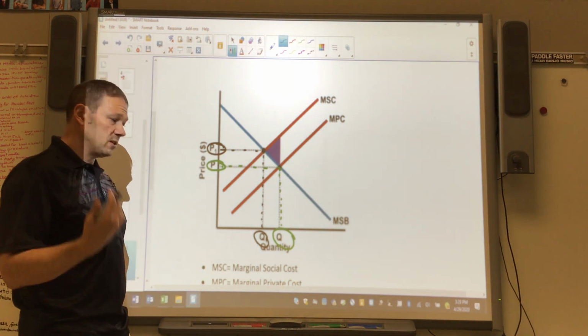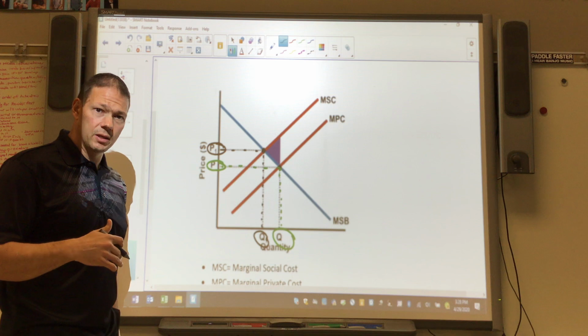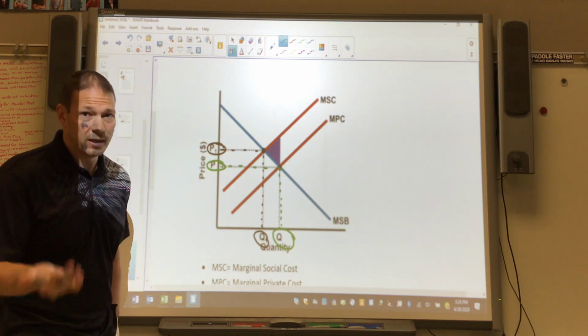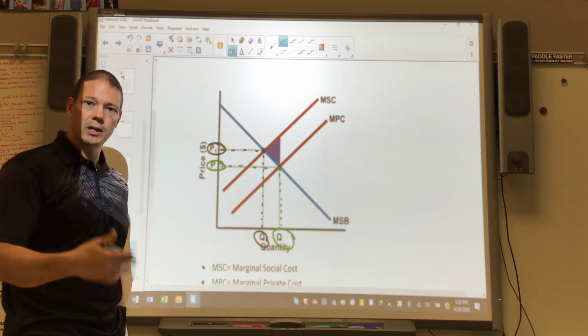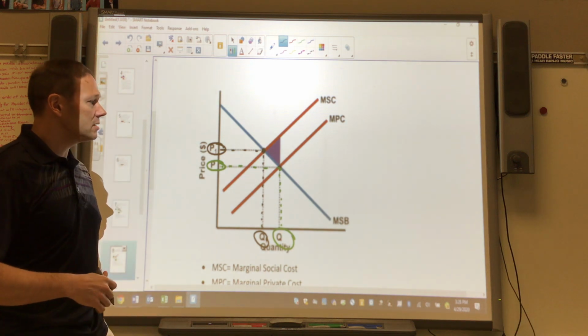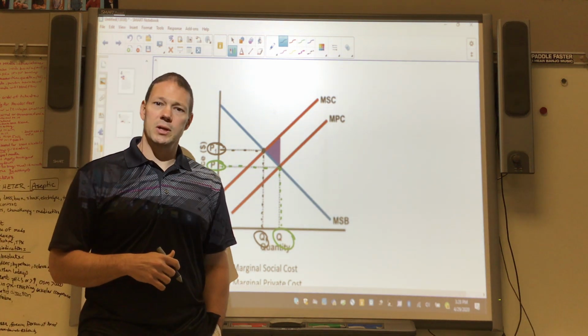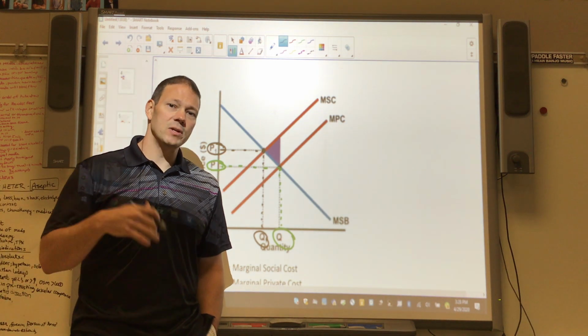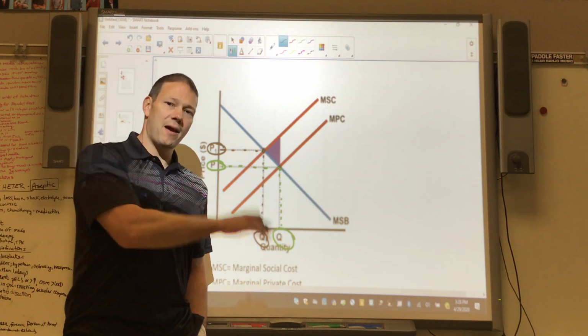So the government wants to fix this, and the best way of fixing this, other than making it completely illegal, such as drunk driving and stealing and murder and whatever else, is sometimes they add a per unit tax. Okay, so every time you pollute, you pay a fine.